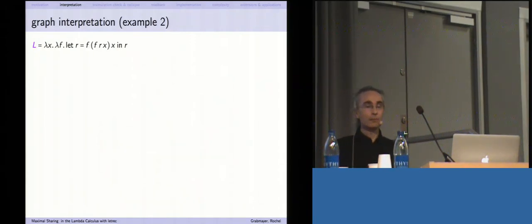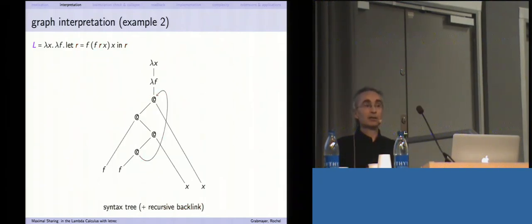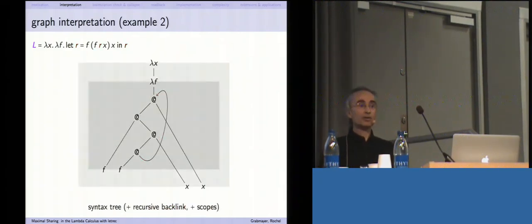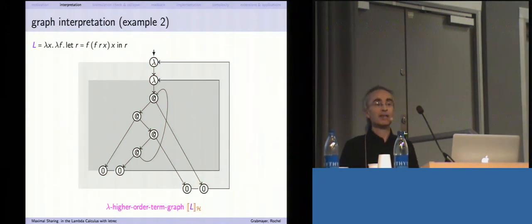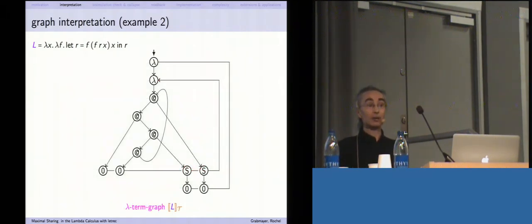What about the more involved example? There, the syntax tree is a little bit more involved. Backbinding, deforming it, drawing scopes, making a term graph out of it with backlinks, having obtained a lambda higher order term graph, and then still going further, trying to encode the scopes into a first order term graph by using scope nodes and obtaining this graph.